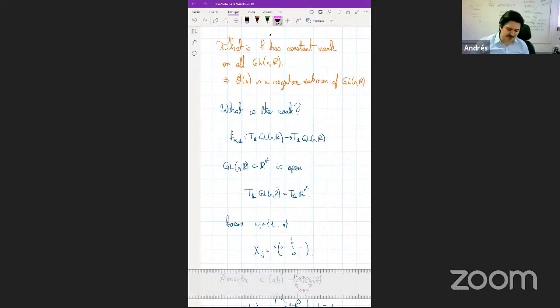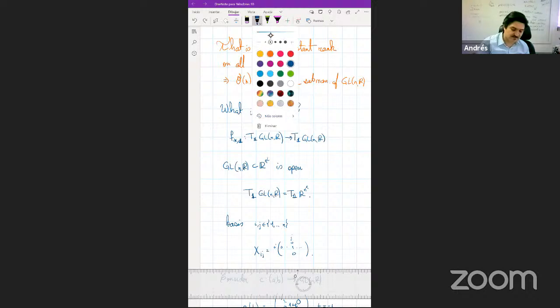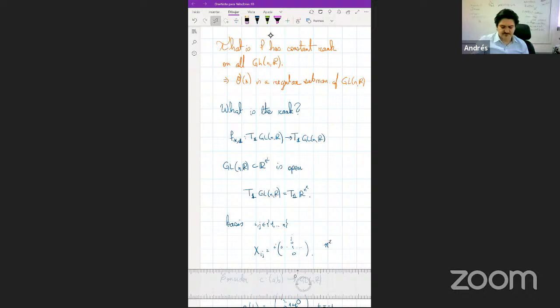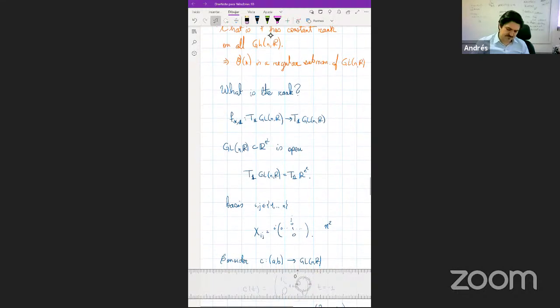So this is going to be my basis vectors. Okay, note that we have n squared vectors, which agrees with the dimension of the Euclidean space R^(n squared).